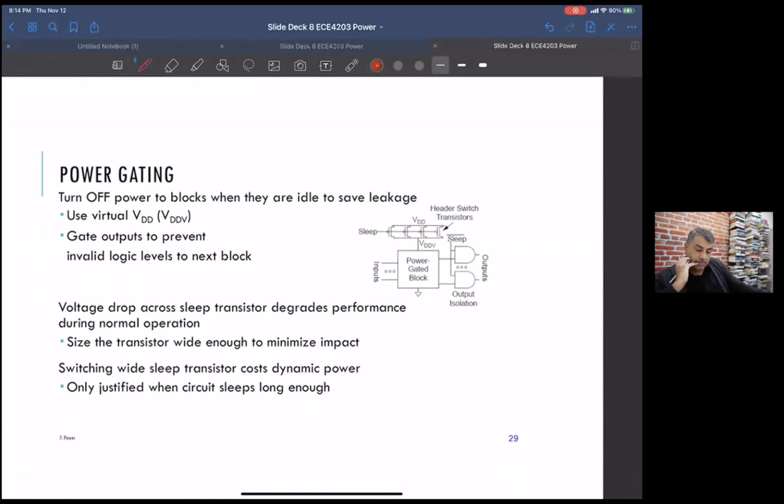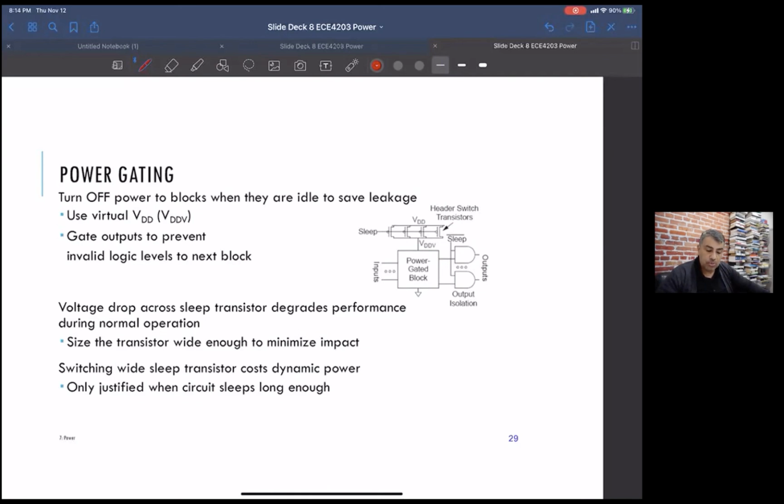So we talked about clock gating being very important because the clock is such a power hog. So we wanted to make sure we gated that guy off. But the other thing you can do is also gate the actual power to blocks. So let's say you've got some block in sleep mode. There's still leakage going through it because there's a VDD supply on that thing.